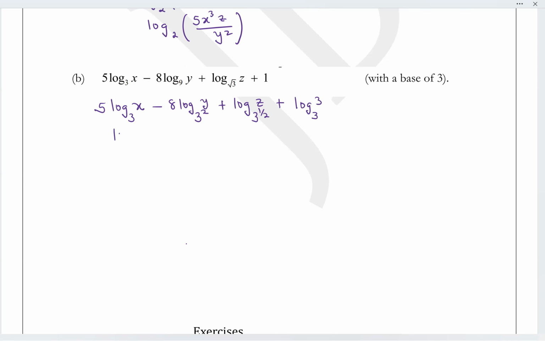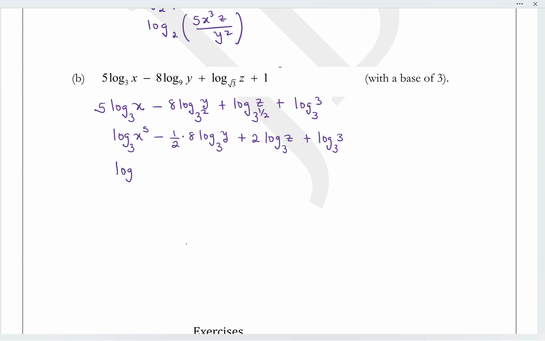So this becomes log 3 of x to power 5 minus, here, we can apply that property. So this is going to be 1 over 2 times 8 log 3 first. Then plus, this is going to be 1 over half, right? So which will become 2 log 3 of z, then plus log 3 of 3.